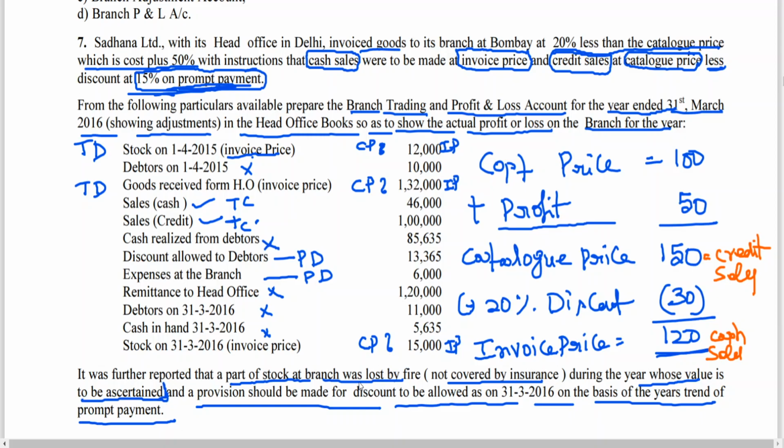That means stock lost by fire is abnormal loss, which is missing. So that abnormal loss you need to find out. Think of it, read for yourself, then I'll work out.